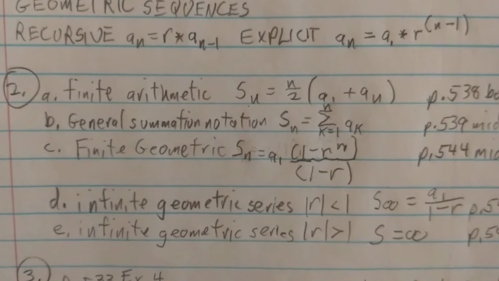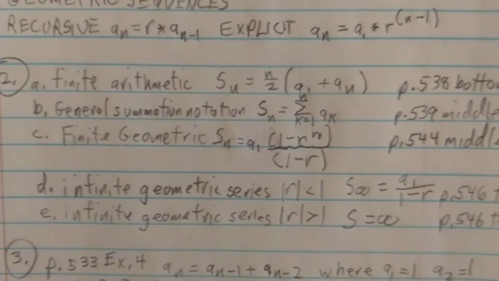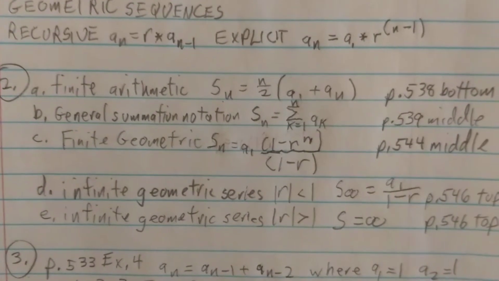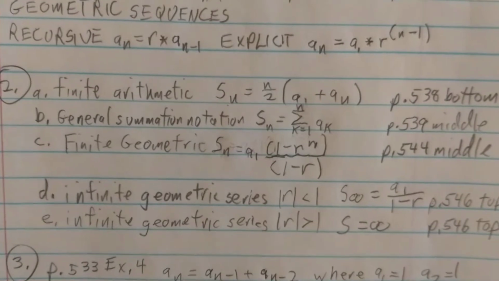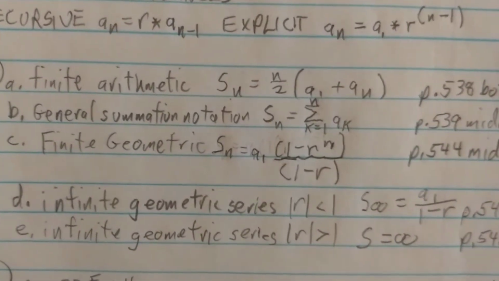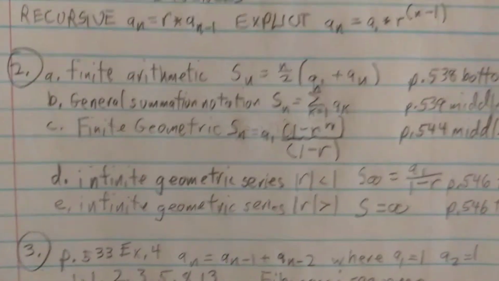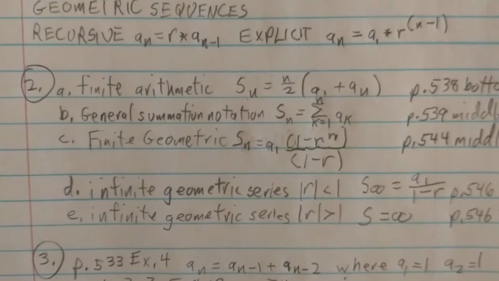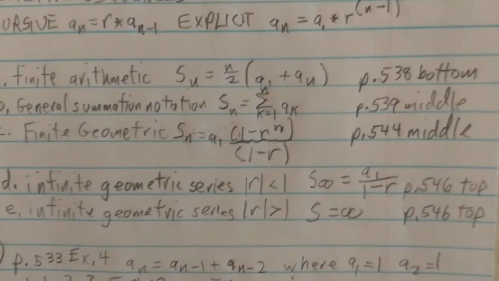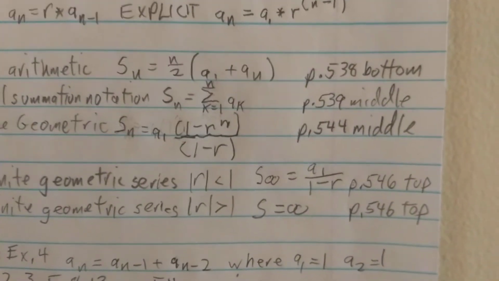Now for problem 2, we have various forms that we've used. For finite arithmetic, remember we did the sum of the first n is n over 2, the first plus the last term, because they added together when we turned them backwards, and they all added to the same a1 plus an. And that's on page 538 bottom. For the general summation notation, which we did in 12.4 last Thursday, S sub n is equal to the summation from k equals 1 to n of a sub k.